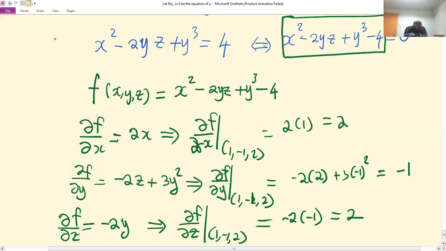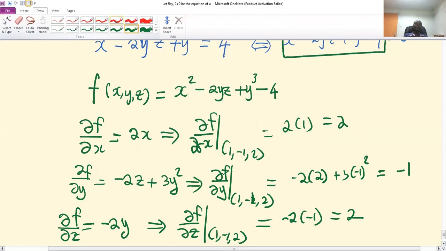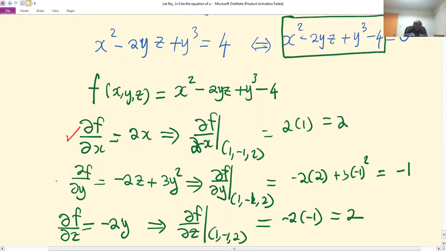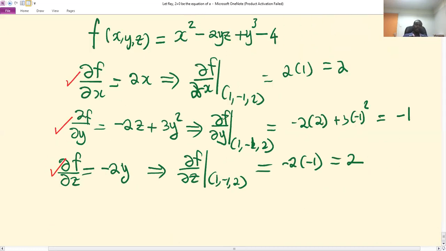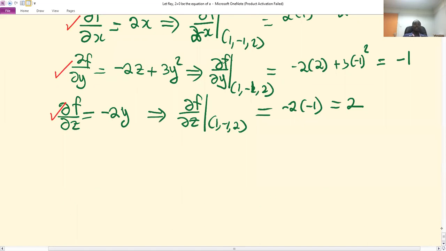Now, the partial derivatives with respect to x, with respect to y, with respect to z are the ones that define direction ratios to the normal of the tangent plane of the first surface.